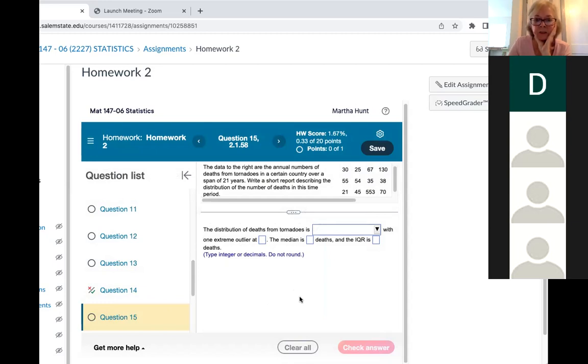Okay, so let's see. This is not an ABCD. They only want to know whether the deaths have an extreme outlier. They want to know about the median and the IQR. So if they want to know about an extreme outlier, what kind of graph should we create? It's the one graph that showed us the outliers. How about Mark?